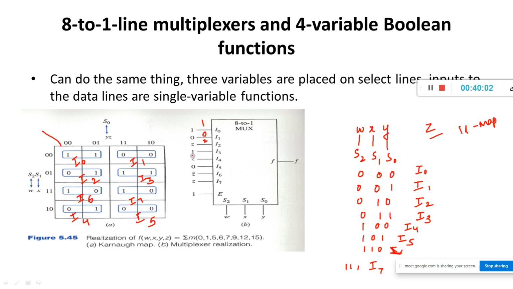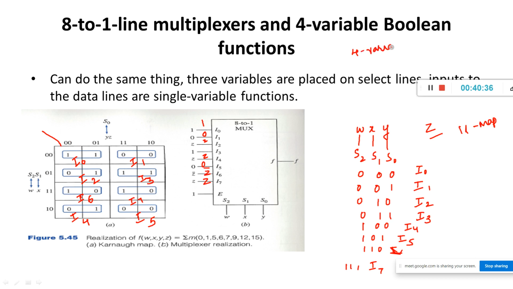Next, in the I4 map, again the functional value is 1 when z is 1, so again z. Next both are 0, so here 0. Next here the functional value is 1 when z is 0, so it is z bar. Next the functional value is 1 when z is 1, so it is z. In this way we have implemented a 4 variable function.